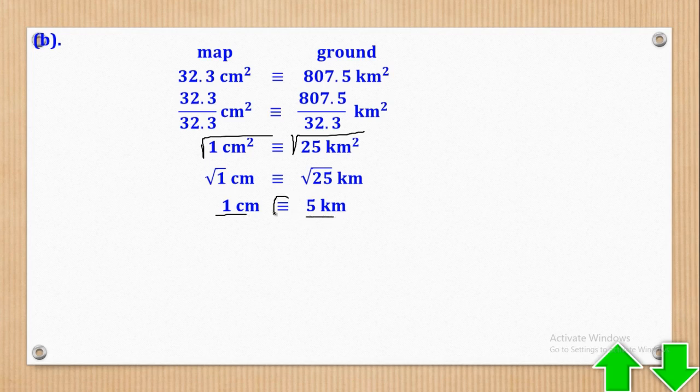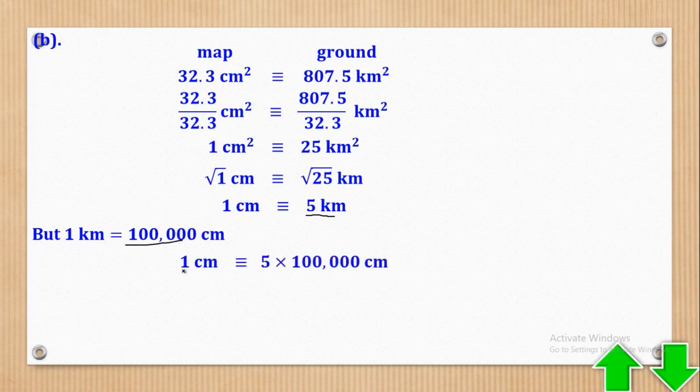Note that we are using the word equivalent. After that we shall remember that 1 kilometer is equal to, now we are using equal to, we have been using equivalent, now we are using equal to, 100,000 centimeters. So what does that mean? We are going to convert this kilometer to centimeters. Remember when you are converting from big to small, you multiply.